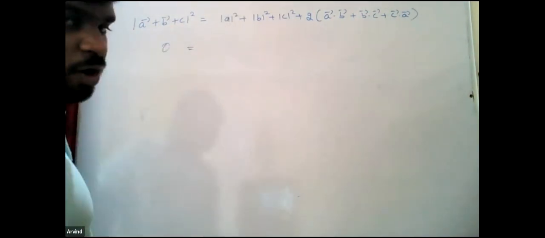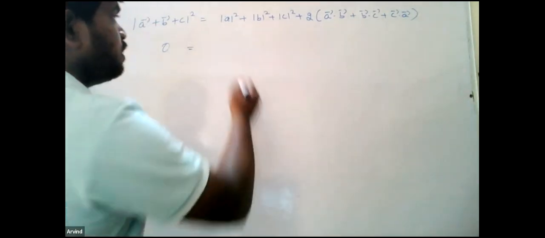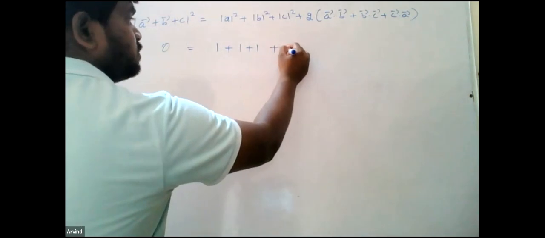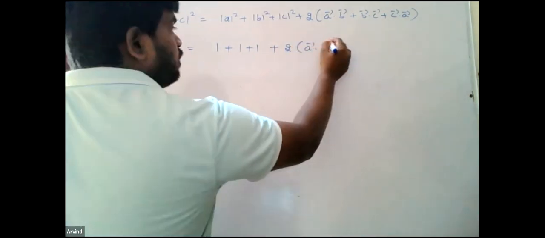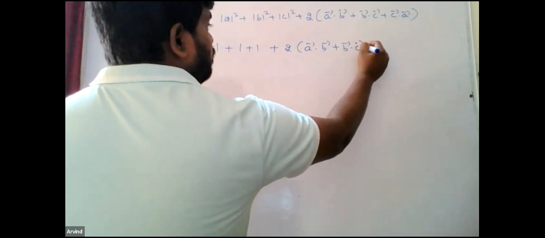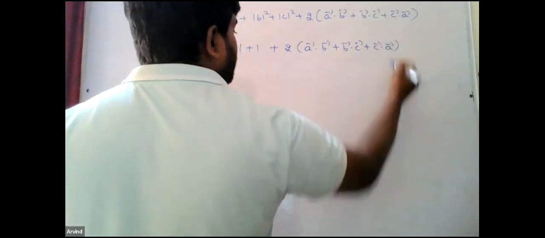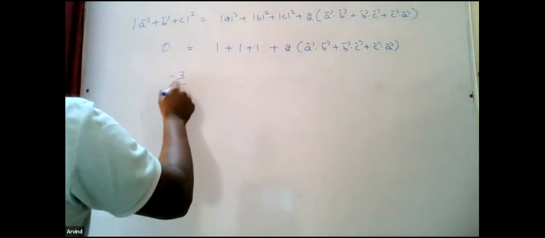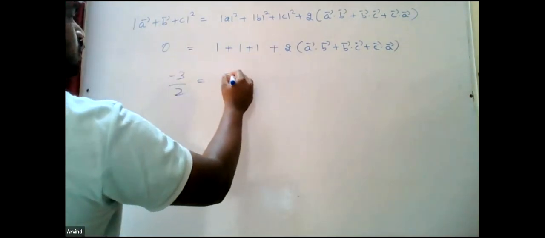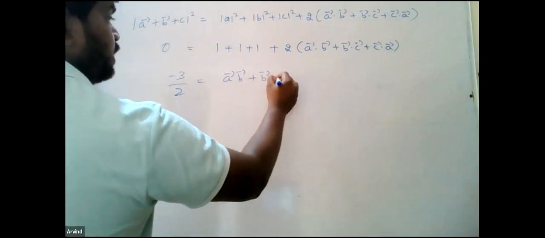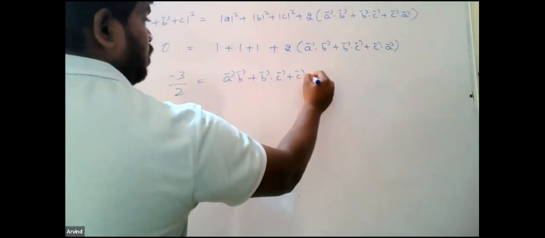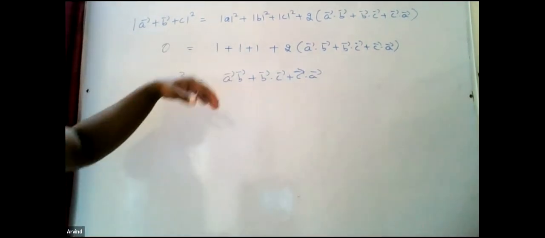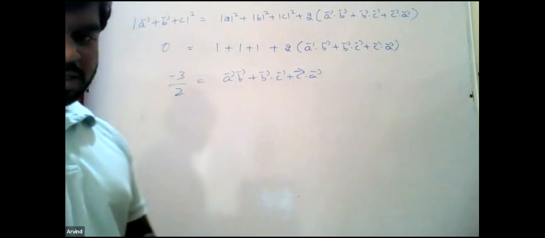A, B, C are unit vectors, so mod A square is 1, plus 1, plus 1, plus 2 times A dot B plus B dot C plus C dot A. So 1 plus 1 plus 1 is 3. Take this to the other side, it will become minus 3. 2 to the denominator. Minus 3 by 2 is A dot B plus B dot C plus C dot A. So that's the value. For this type of question, this is the formula that you have to use. So minus 3 by 2 will be the answer.